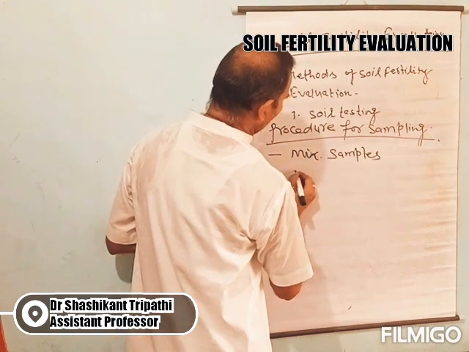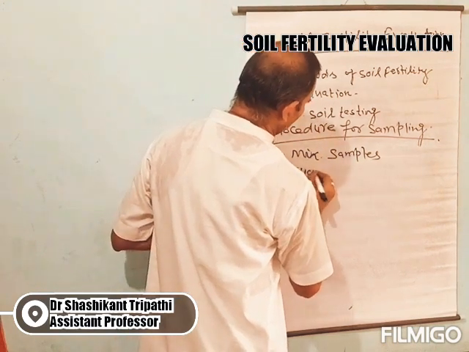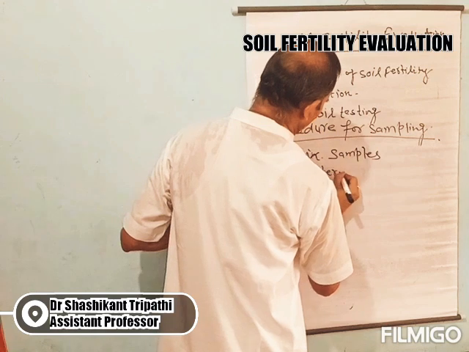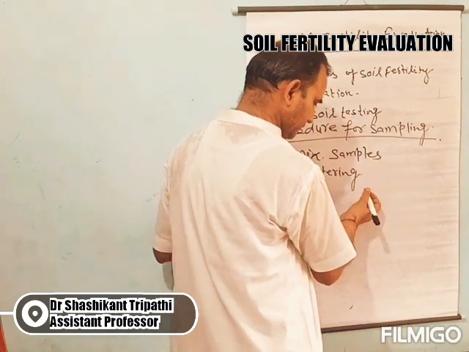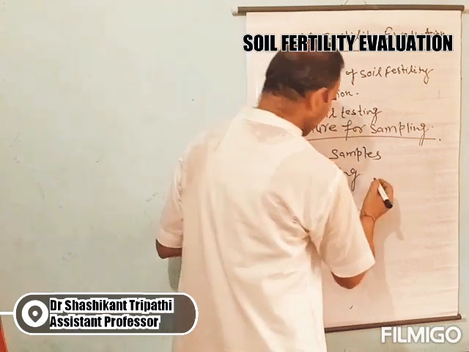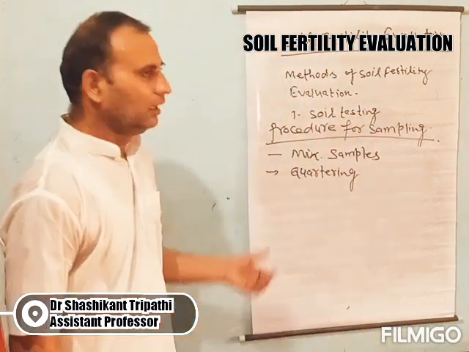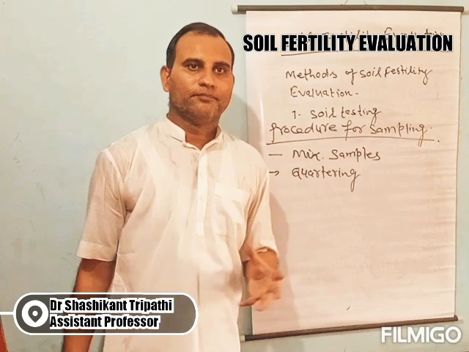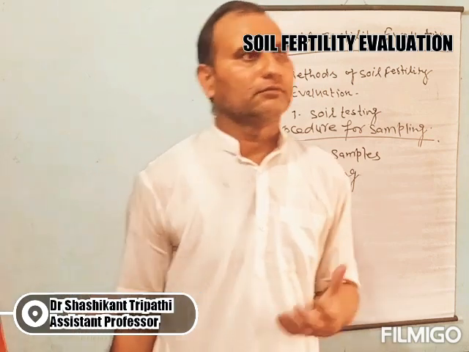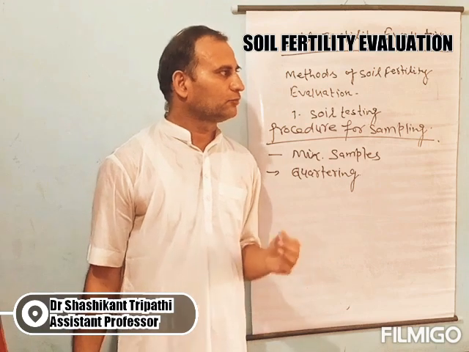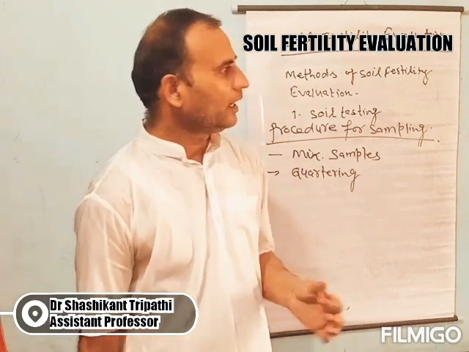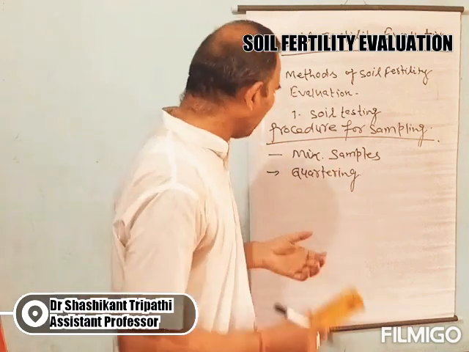Next point is quartering. Quartering is done by thoroughly mixing the soil sample and dividing it into 4 equal parts.